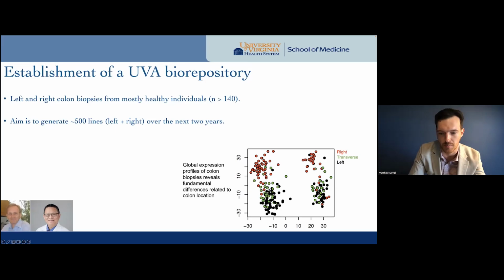Whereas colon biopsies from the transverse, which separates the two, actually fall relatively in the middle for females and for males as well. So this is really quite interesting, and it falls in line with this increasing understanding that left and right colon cancer is very different.